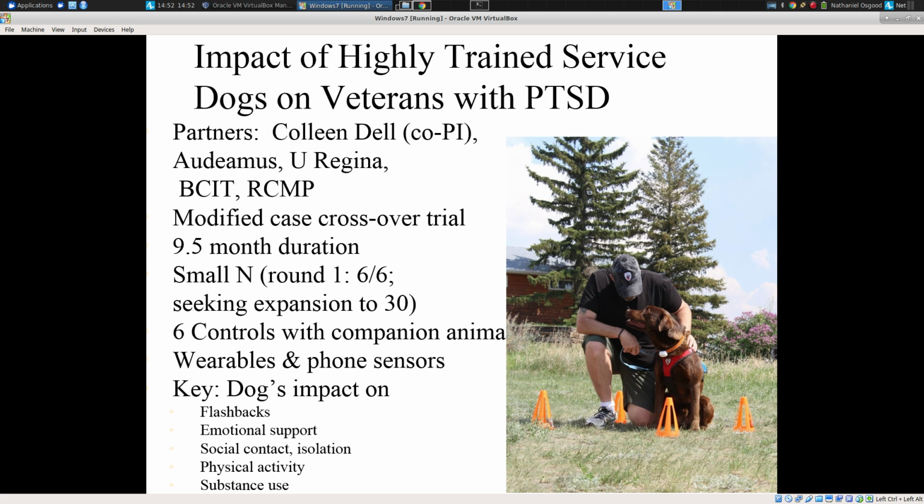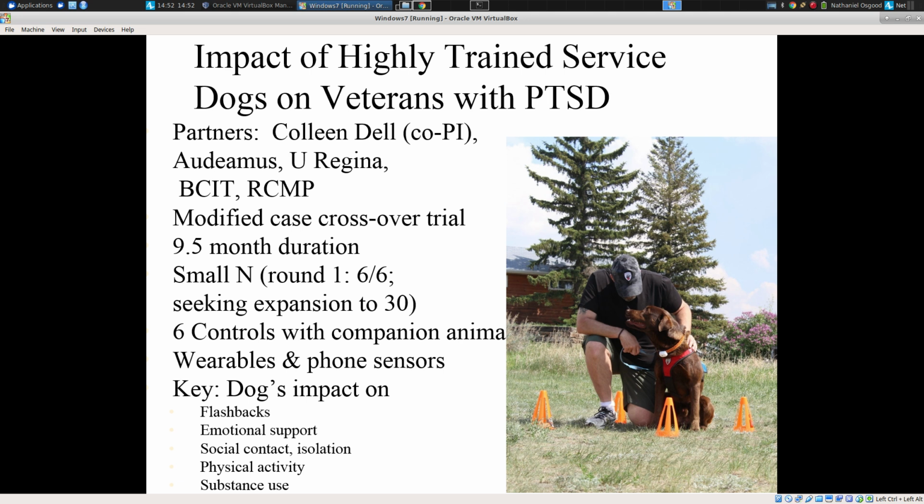Service dogs, ladies and gentlemen, service dogs. Veterans with PTSD, post-traumatic stress disorder, suffering from flashbacks, suffering from poor sleep quality, suffering from sudden anxiety attacks.